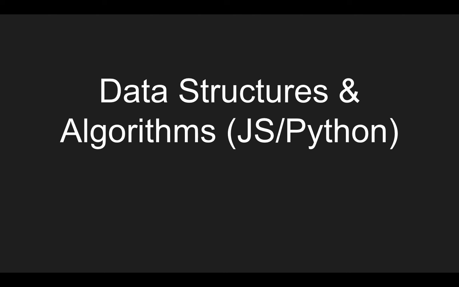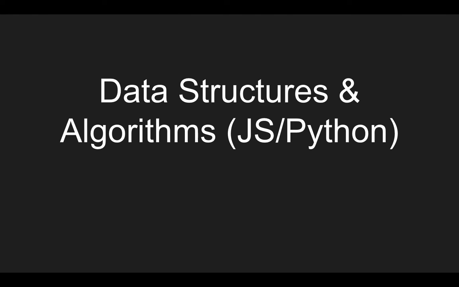I do not really expect it to be a lot of work. I am experienced when it comes to JavaScript and Python, but I will go over a few essential concepts needed to code out solutions of data structures and algorithms.